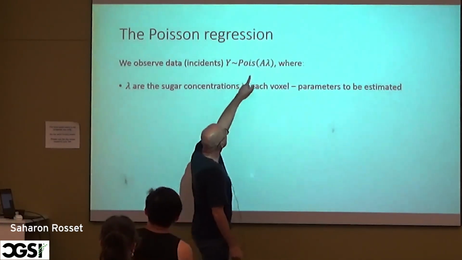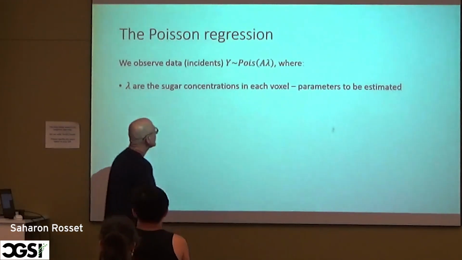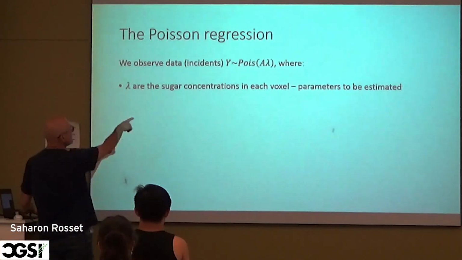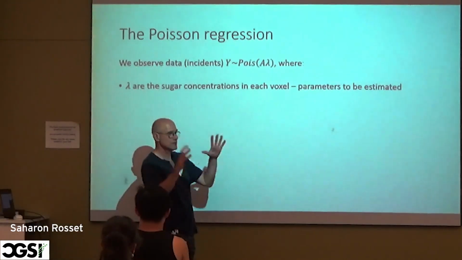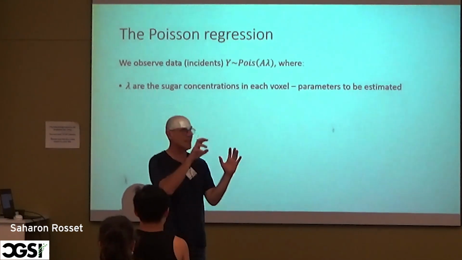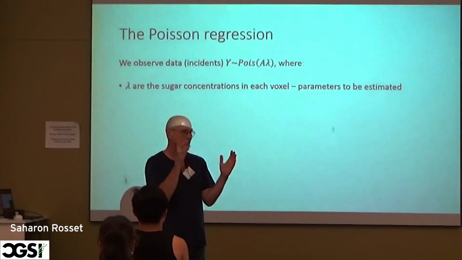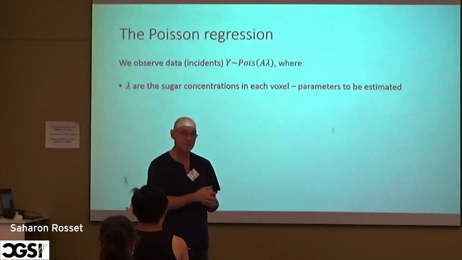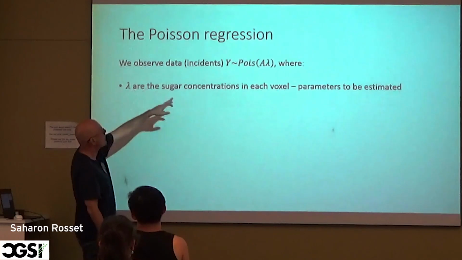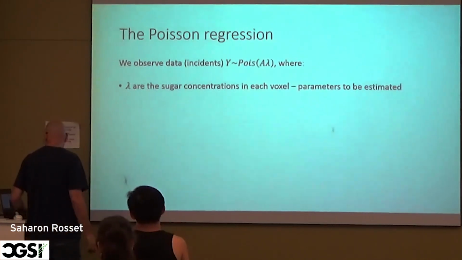Otherwise, we don't note an event. And it's easy to show that these counts are actually Poisson distributed with parameters that depend on what we care about, which is the image, the sugar concentrations in the voxels. Each voxel has some sugar concentration, and that determines how many events happen in this voxel. So lambda are the parameters we want to estimate.